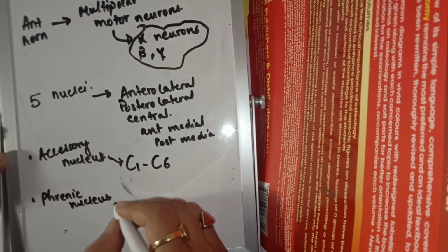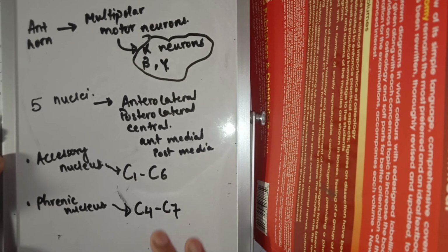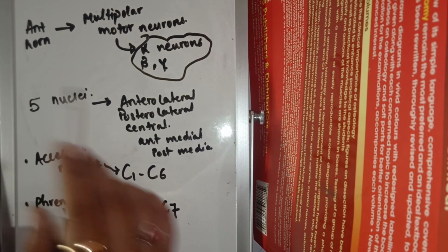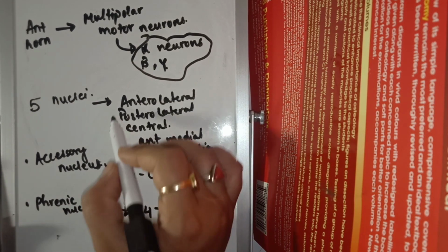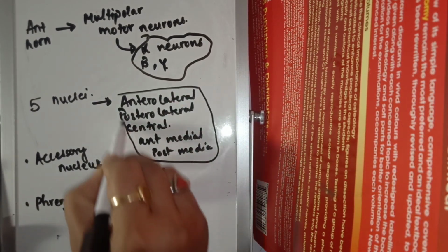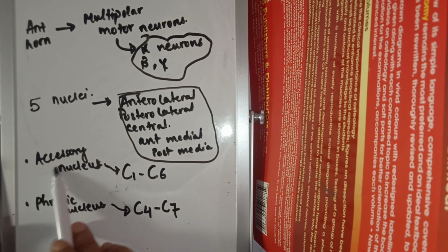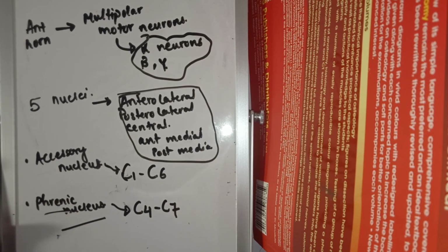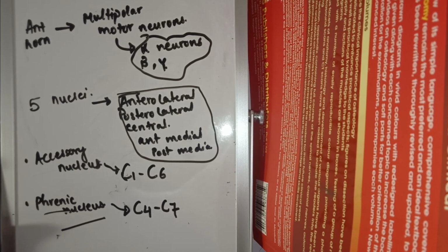But the phrenic nucleus starts from C4 to C7. Okay, so these are the nuclei of the anterior horn. So how many nuclei? Seven nuclei. You can easily remember these 5 nuclei, but two important nuclei are the accessory nucleus and the phrenic nucleus. The accessory nucleus is C1 to C6 and the phrenic nucleus is C4 to C7.